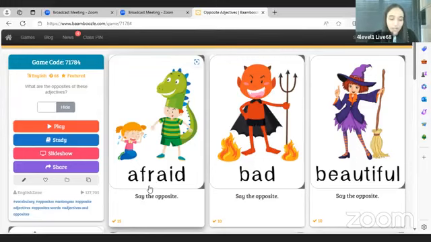Okay, Hiba said brave. Manel said brave. Do you all agree that the opposite of afraid is brave?